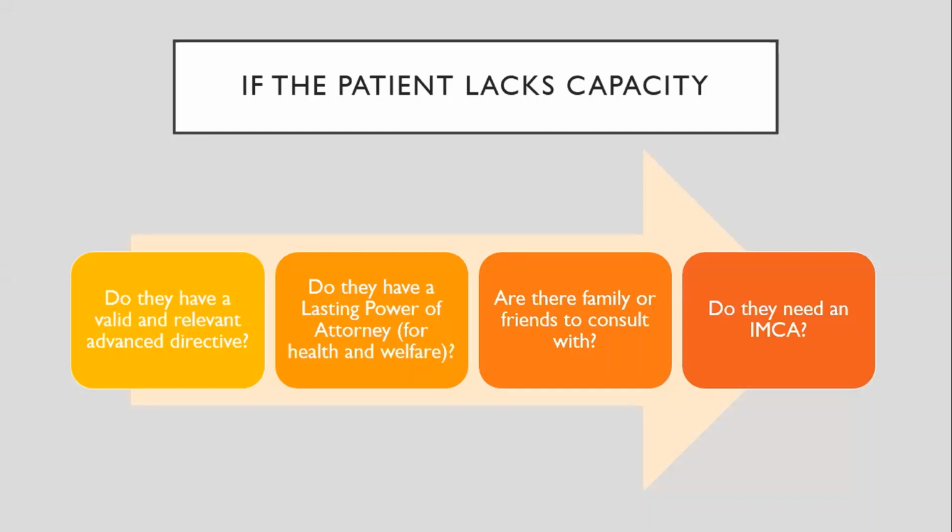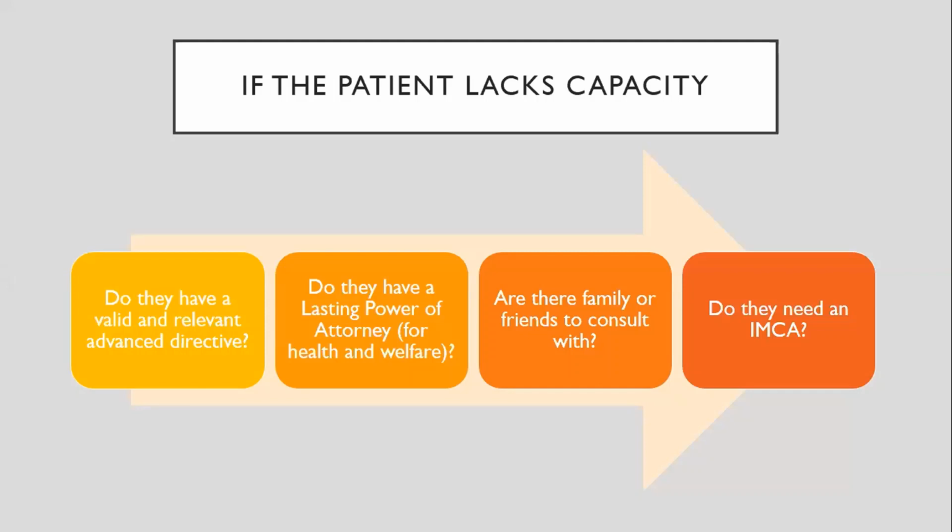If the patient lacks capacity, what do you do? So first of all, think about, do they have a valid and relevant advance directive for whatever the decision is that you're making? So for example, if somebody has end stage multiple sclerosis, have they got an advance directive regarding feeding tubes, for example? Do they have a lasting power of attorney?